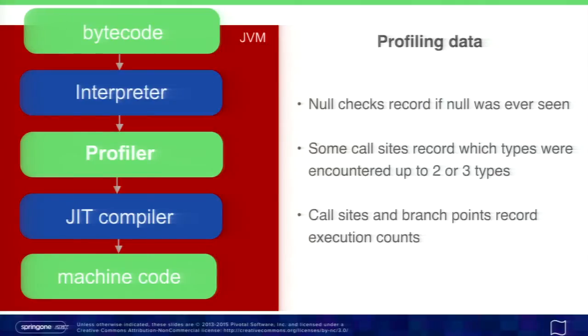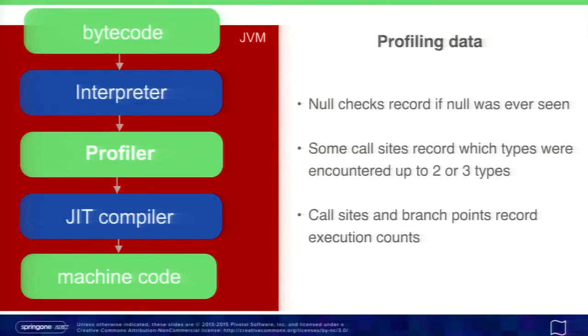So what are some examples? Well, perhaps you have a null check. The profiler is going to record whether or not it's actually ever seen a null at that null check. Or if you have a call site and there are different types, it's going to record how many types it's actually seen. And it's only going to really record if it's seen one type, two types, or more.